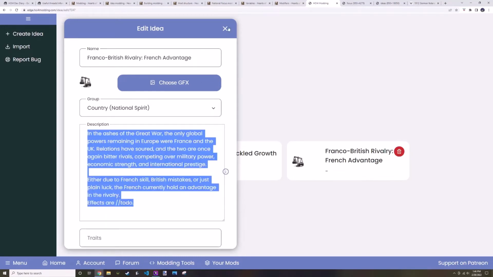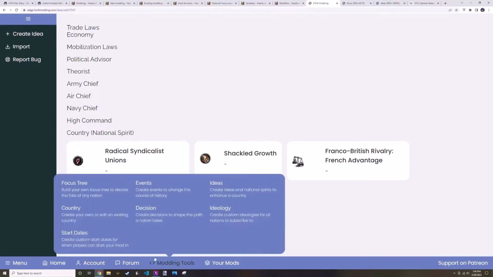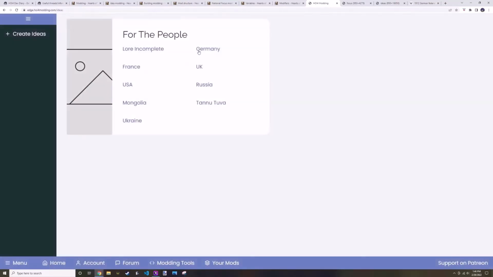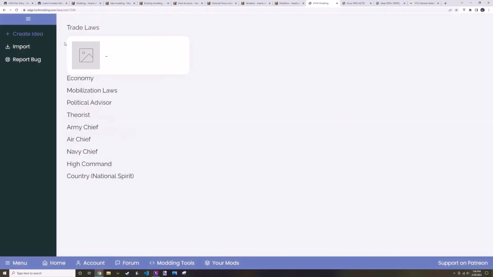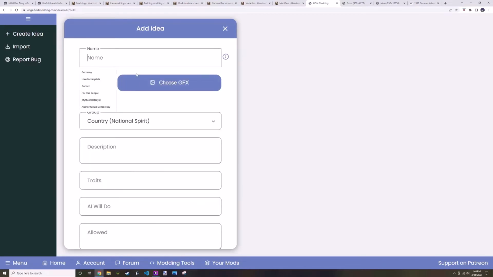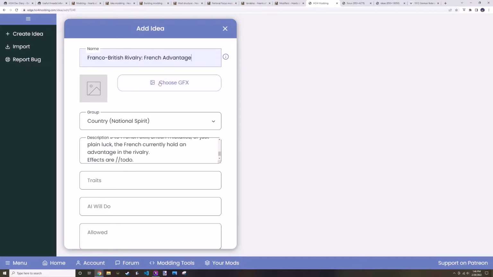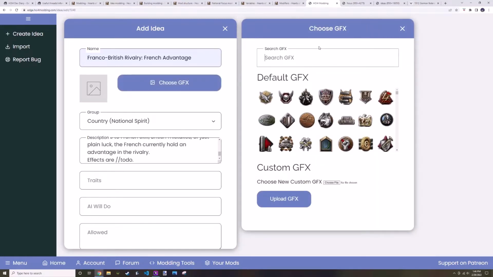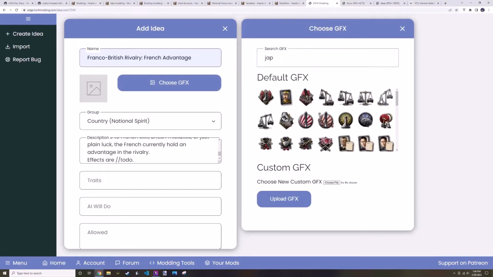In this timeline, the economies of France and the Rhineland are now very strongly connected together. There's also the Franco-British rivalry, which at the start of the game the French have a slight advantage in, and they will get political benefits, maybe some negatives for that.